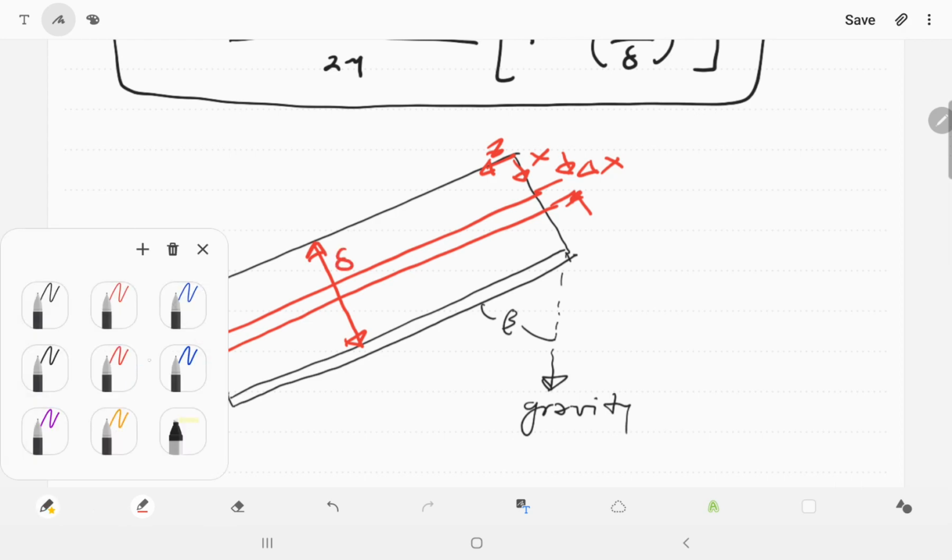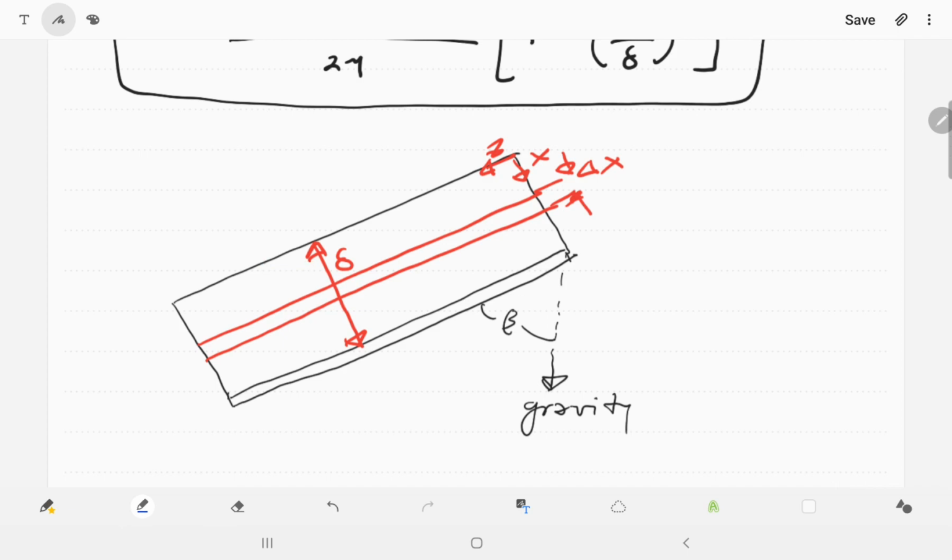So your shear stress will vary from 0 on top up to the value of this one in here, while your velocity distribution will have a parabolic distribution in here. So this will have approximately a shape like this, going in that direction.